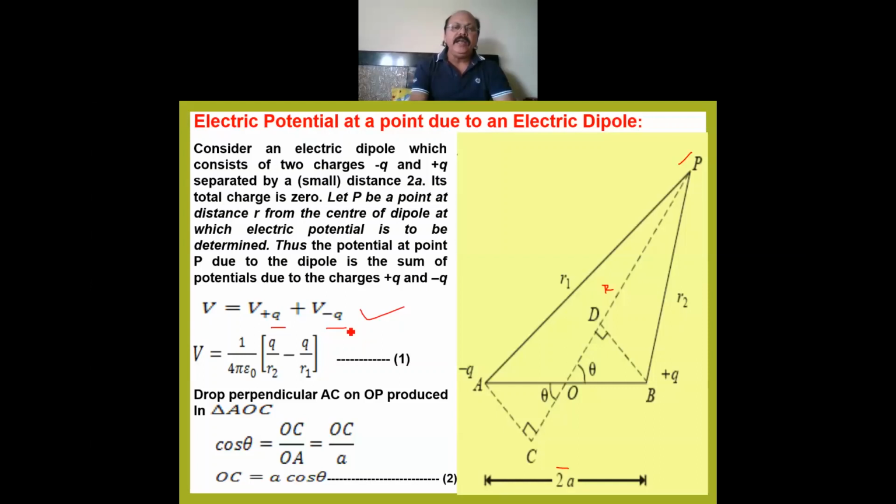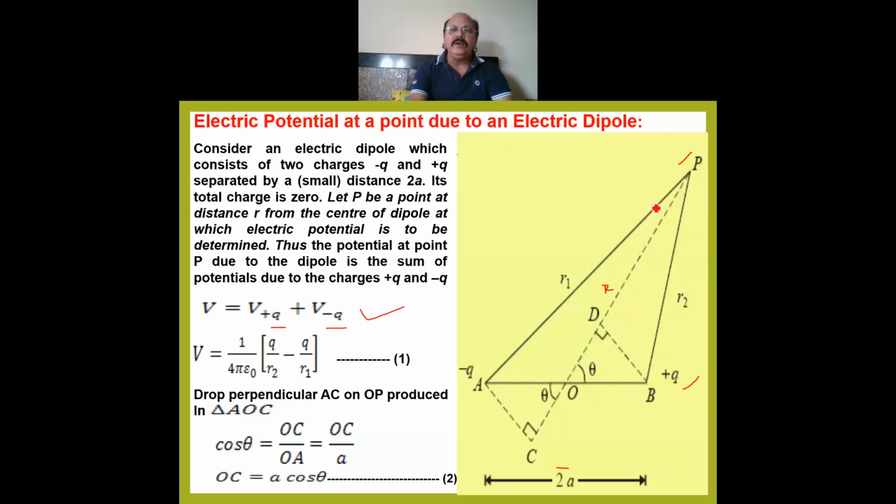As you already calculated electric potential at a point due to a single charge, the electric potential at P due to plus q charge is 1 upon 4 pi epsilon naught q upon r2.